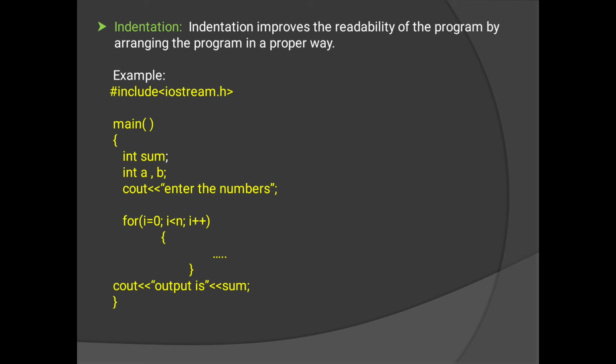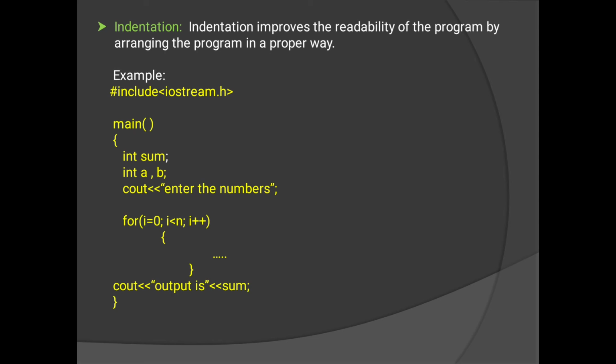The opening curly brace of the main function is on one line, so proper indentation is given, and after one tab space comes the variable declaration, then the cout statement, and in between you have the for loop.